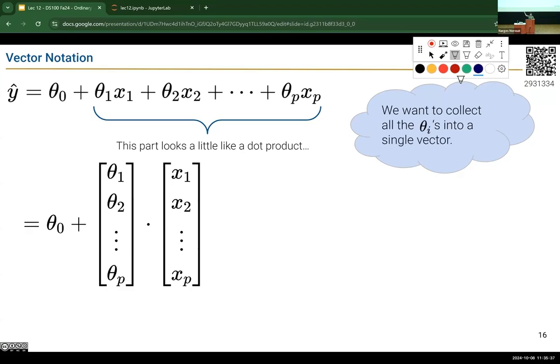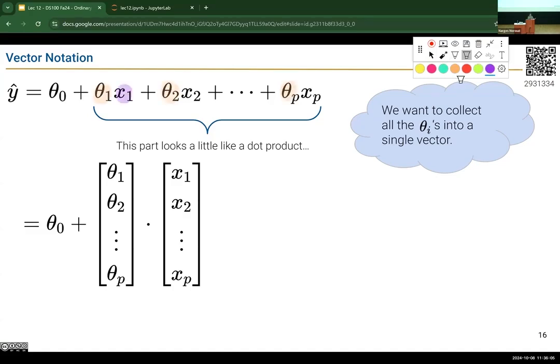But I'm going to be a little bit greedy, and I want everything to be written as the dot product between two vectors. I don't want to have one dot product plus a summation. Is there a way that I can move theta 0 into the dot product calculation as well? The issue that I wasn't able to do it initially was that each one of these theta i values had a partner.